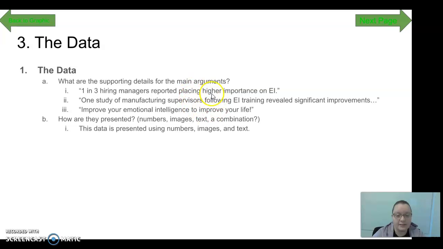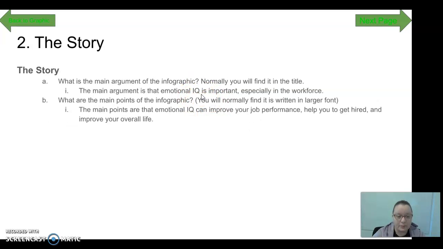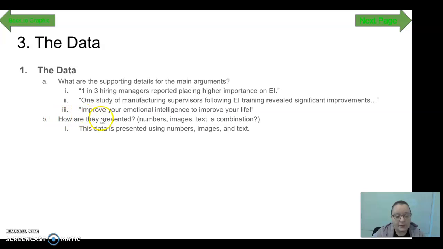So this is the data they're using to support these main points on their infographic, that emotional IQ can improve your job performance, help you get hired, and improve your overall life. Finally, this data is presented using numbers, images, and text. So they had some actual numbers and data there. They used images, the picture of the man, and they used text, which is words, okay?